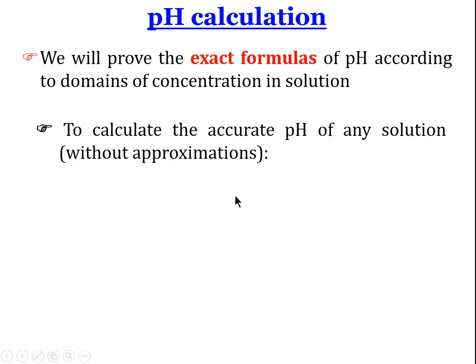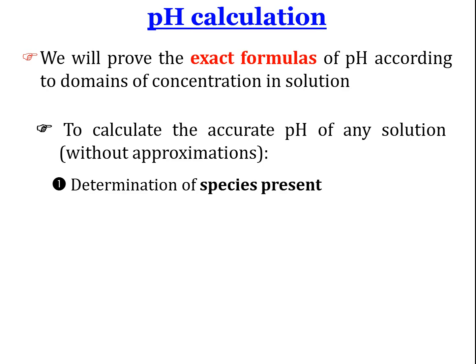In the first part, we will calculate the accurate pH of any solution without approximations, and we have steps to be followed. Step 1 is to determine what are the species present in solution. Consider, for example, HCl. The species present are H3O+, and when we have H3O+, we have OH minus, and we have Cl minus.